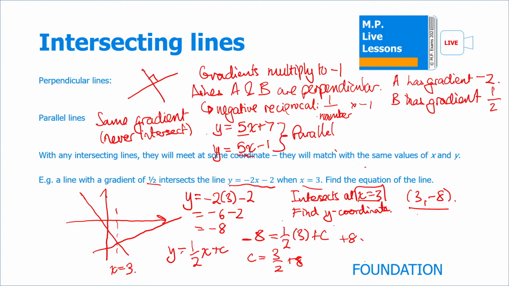Actually, this might not be right. If we take off 1 half times 3, c is minus 9.5. Our line equation is y equals 1 half x minus 9.5.